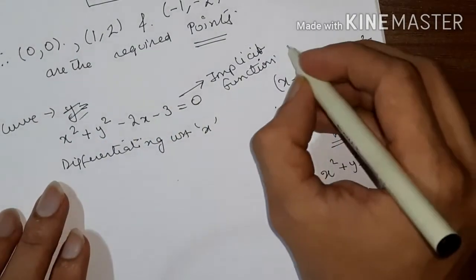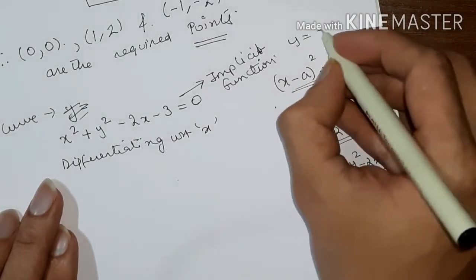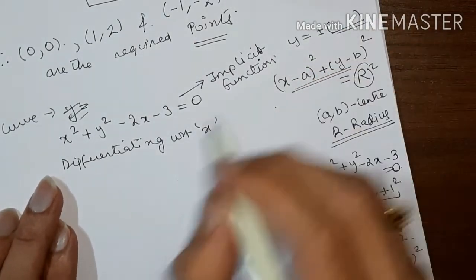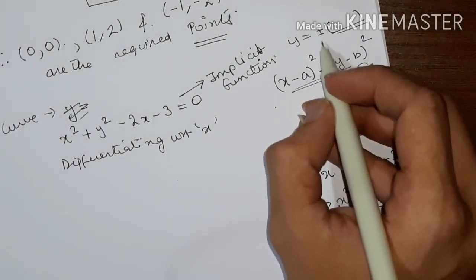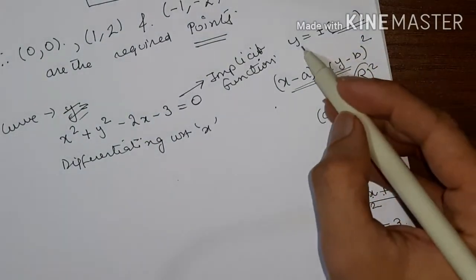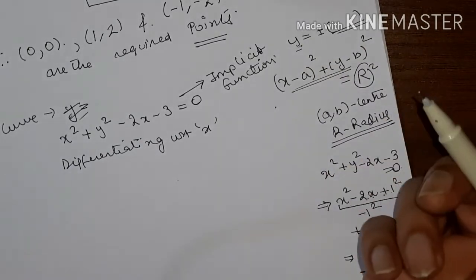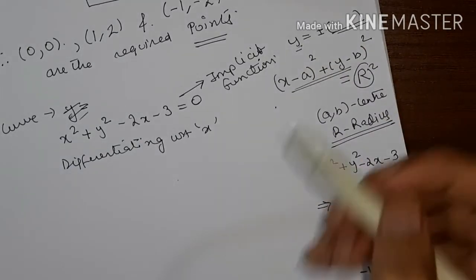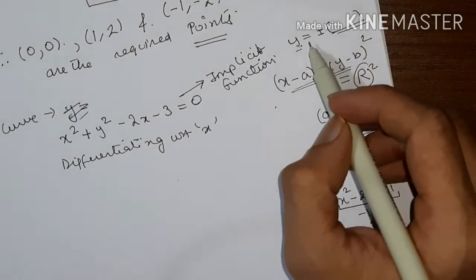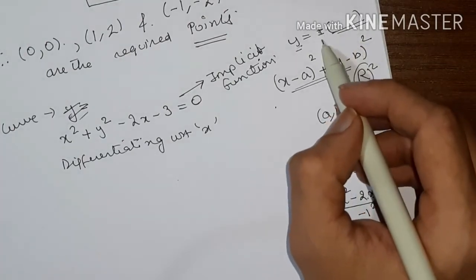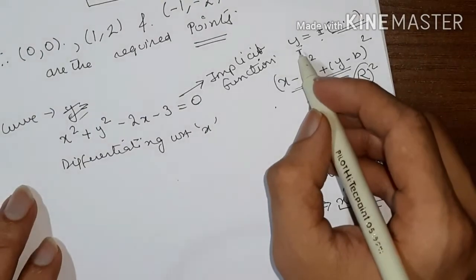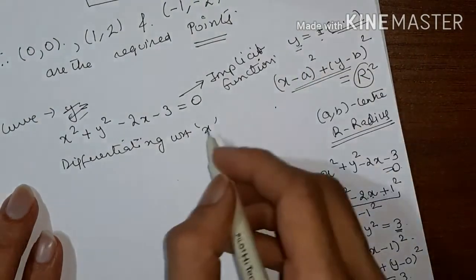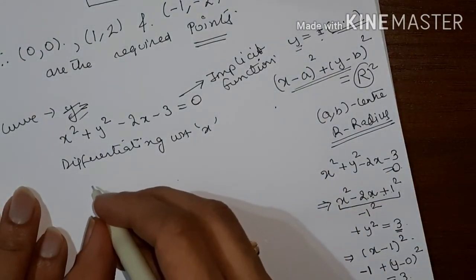If you write y in terms of x, you will get y equal to plus or minus some terms with x, and this is not a function, because there will be two values for one x, plus or minus. So this is not a function. So differentiate with respect to x.